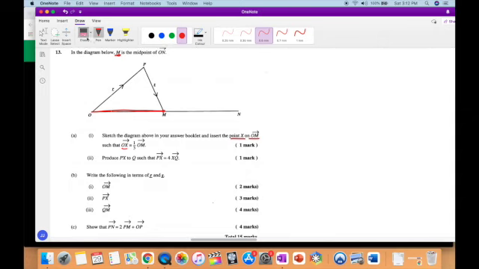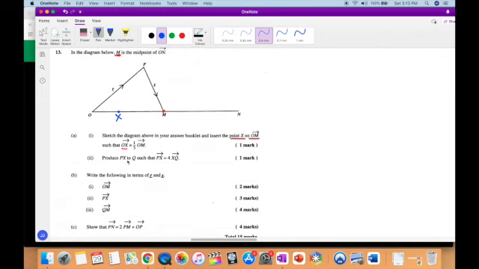Alright, so I guess that point X will probably go like here. If I split OM into 3 pieces, this is X here and this is 1/3 of the entire thing. So X is a third of the whole OM.